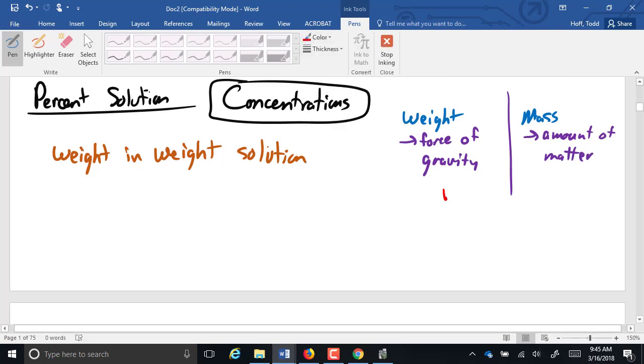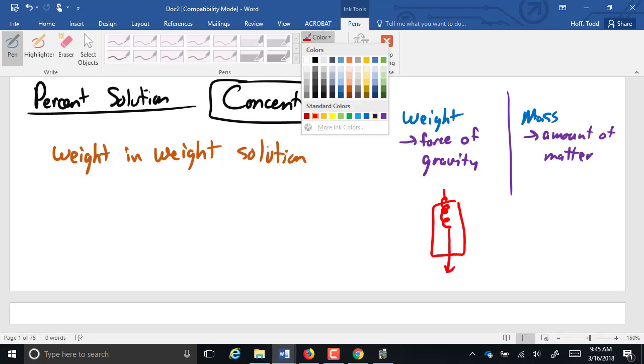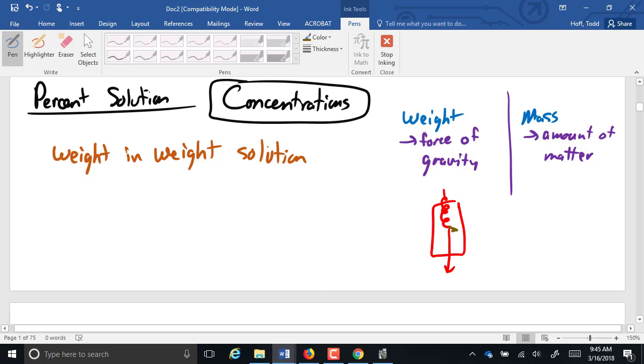Weight is measured against a spring. A spring will stretch a proportional amount depending on how much force is applied to it. So you have that spring and there's an indicator on that spring as to where it's resting.